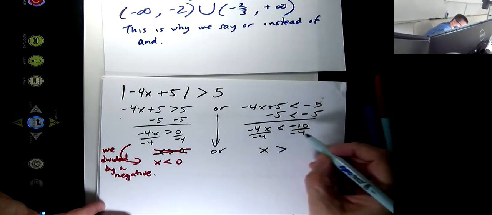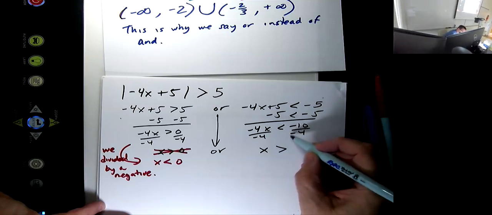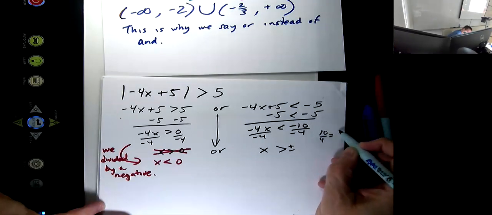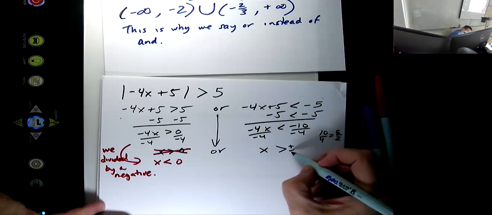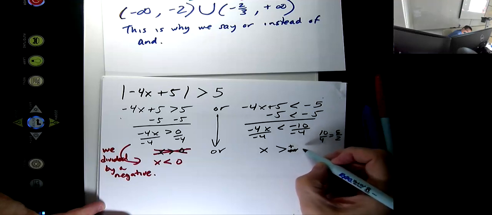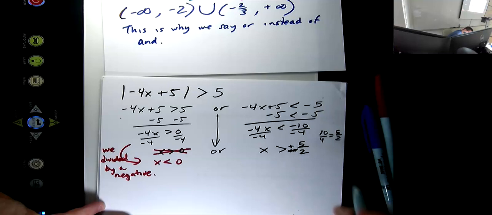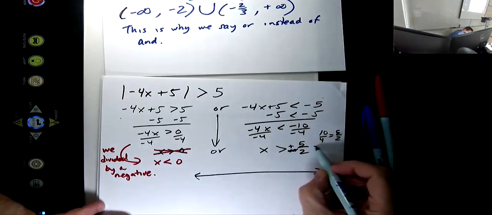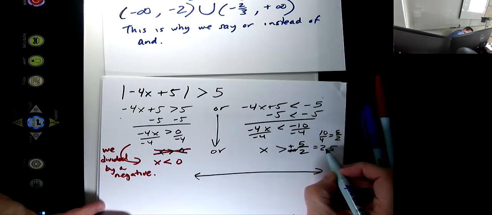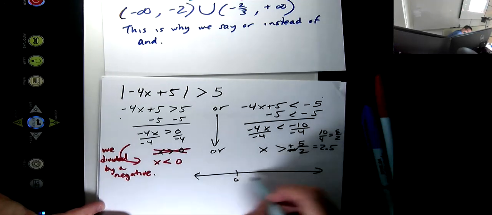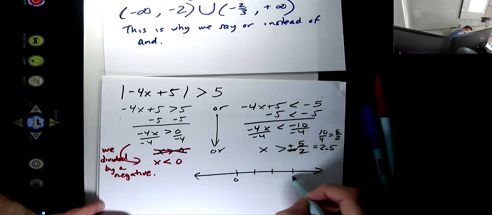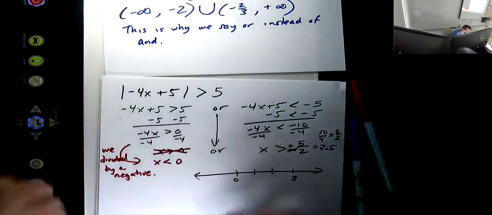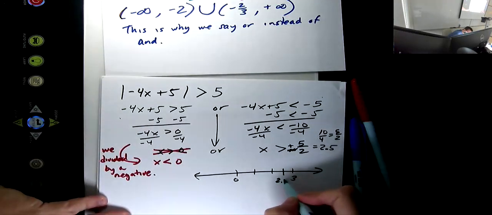And negative 10 divided by negative 4 is going to be positive. 10/4 simplifies to 5/2, which is 2.5. So we got 0 over here, we got 3 here, 2.5 is there.